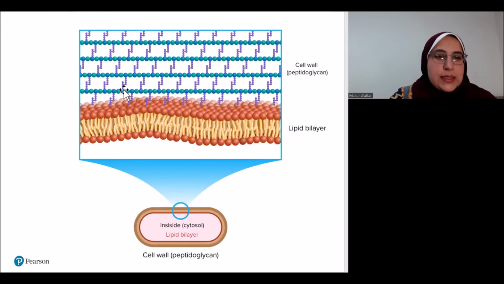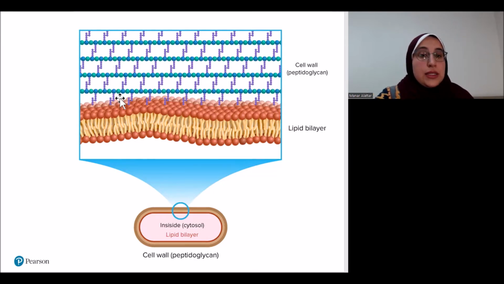And so remember when we discussed NAG and NAM? You have these alternating light and dark turquoise beads, and then those are all connected by peptide linkages. These are just really short peptides or pieces of proteins that link those different layers together.